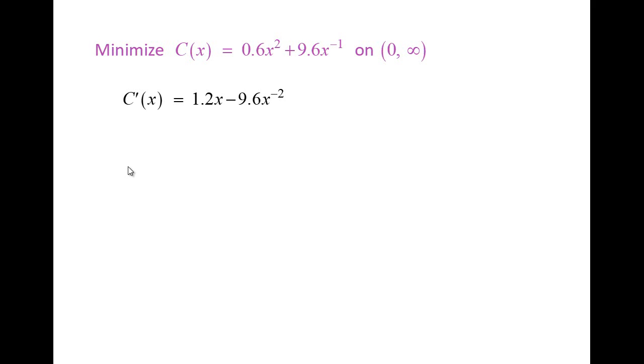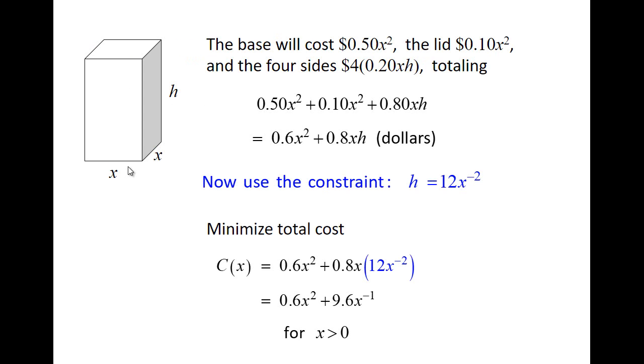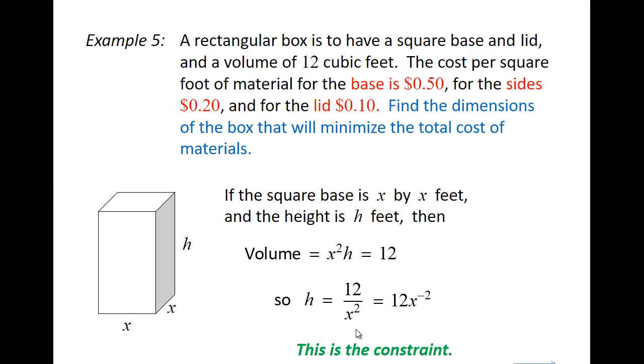By the way, we know that x could be any positive number here, because I can pick x to be whatever positive value I want, and then I have to pick h as the ratio of 12 and x squared to make sure that the volume stays at 12. So if I pick x too big, then I have to pick h too small, and if I pick h too big, then I have to pick x too small to make sure that the volume remains 12.